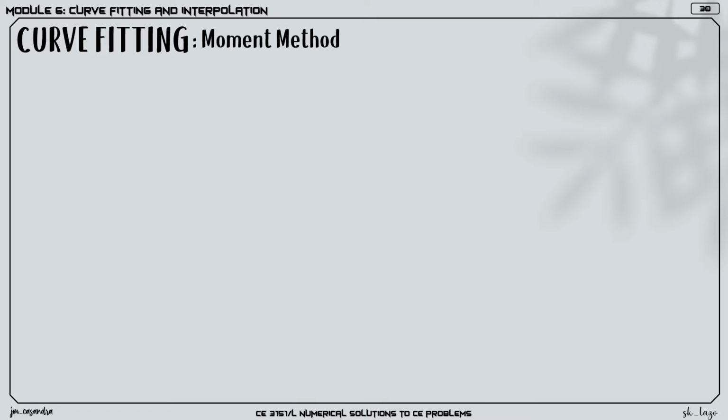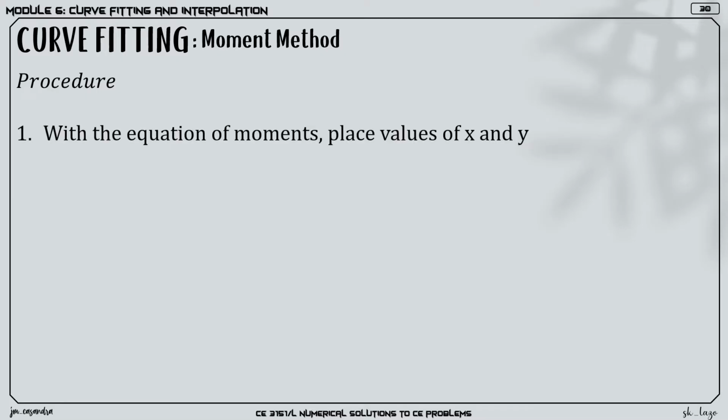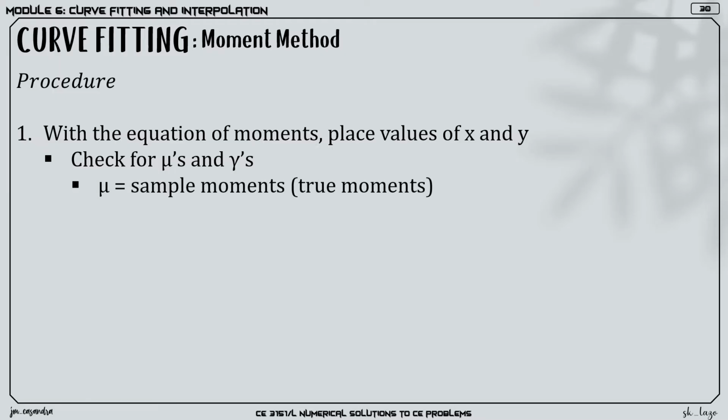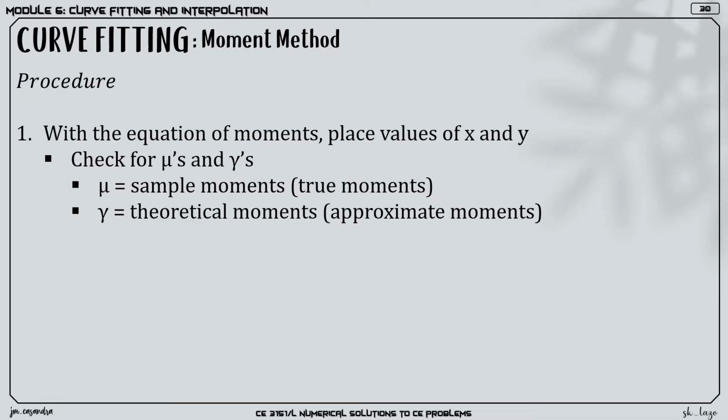For the method of moments, the following procedures are followed. We first derive preliminary equations of the moments, wherein we place the values of x and y, from which there should be the values of mu and gamma, wherein mu is defined as the sample moment or the true moment of the equation, and gamma represents the theoretical or approximate moments of the given equation.